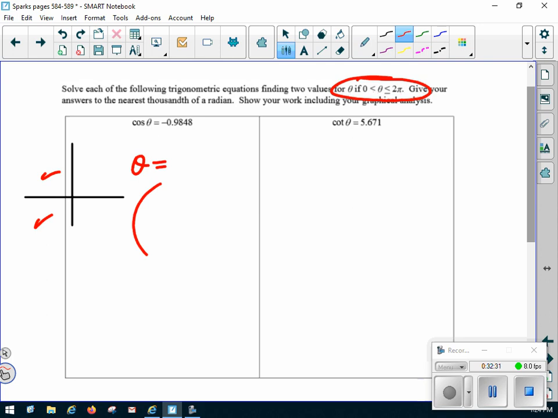Cotangent of theta is 5.671. So the tangent of theta is the reciprocal. The tangent of this angle is positive. What quadrants have a positive tangent? 1 and 3, right.